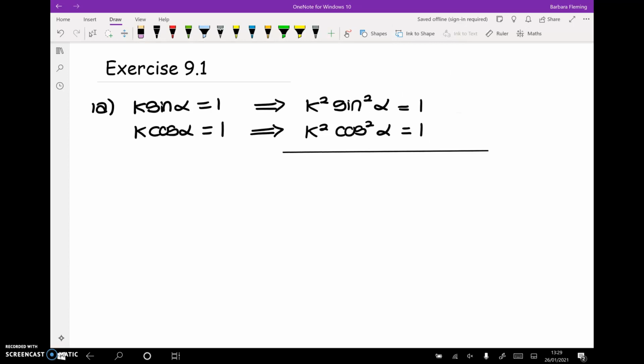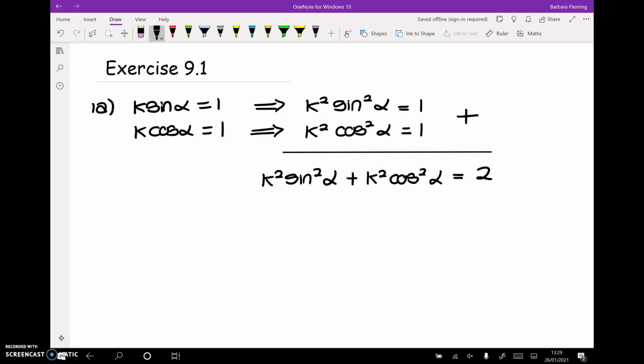Now we've got a simultaneous equation, and we are going to add both of the equations together, again knowing that will help me find k. So the first equation, k squared sine squared alpha, plus your second equation, k squared cos squared alpha, equals 1 plus 1, which gives you 2.